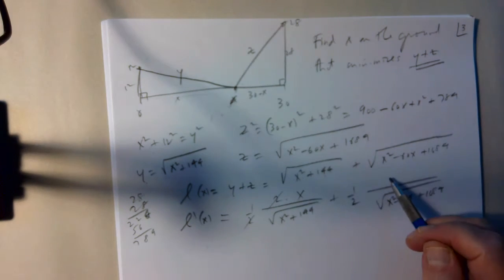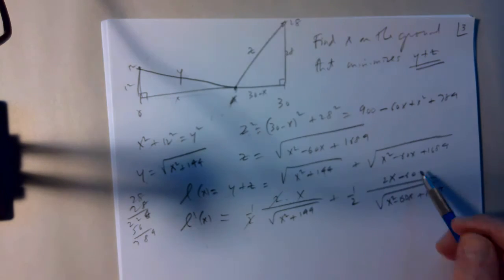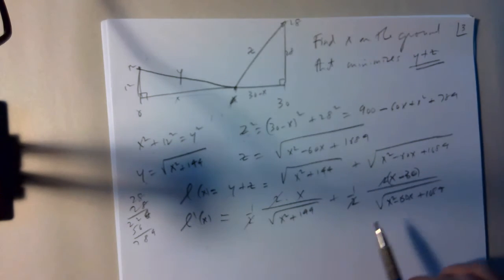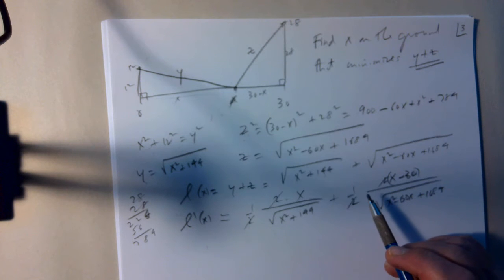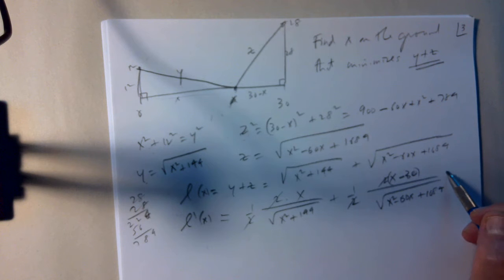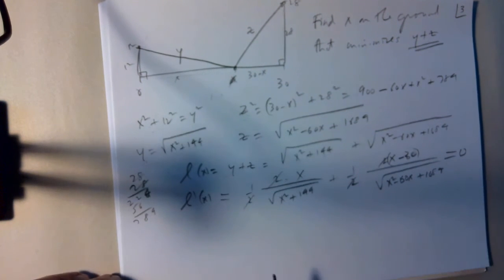The derivative of this is 2x minus 60, or 2 times (x minus 30). And again, the 2's cancel. And we want this to be equal to 0. We want to find the points where the derivative is 0.